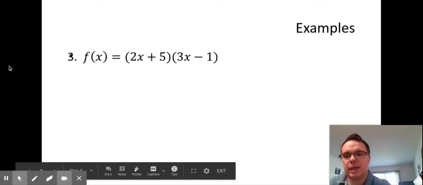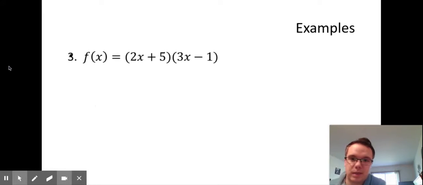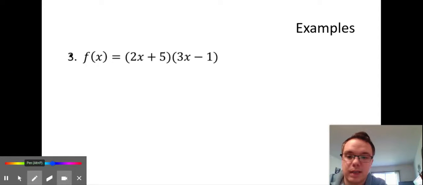All right, here's our last example. Our last example is going to show you what happens if we are multiplying. If we're multiplying here, we can't take the derivative until we get rid of the parentheses. So remember, in order to get rid of the parentheses, I'm going to box or FOIL.